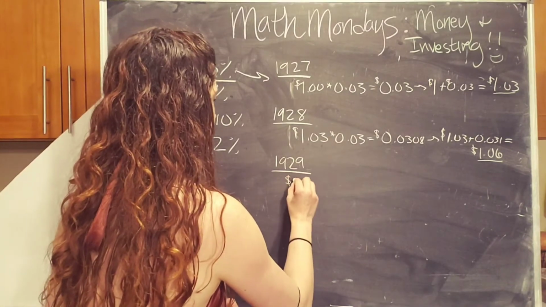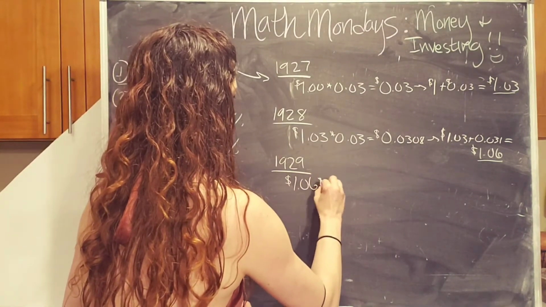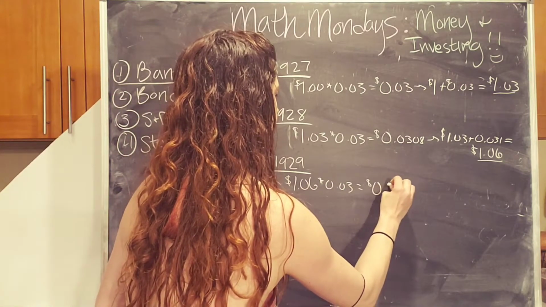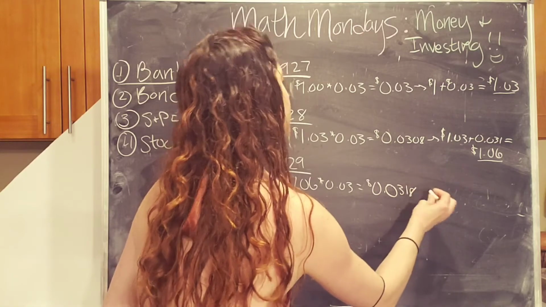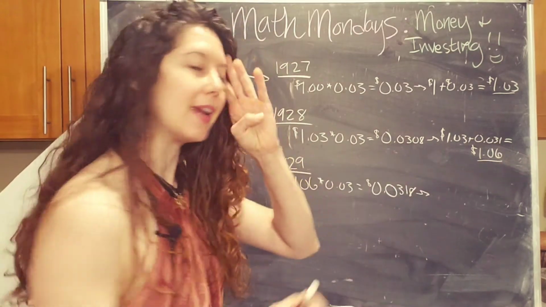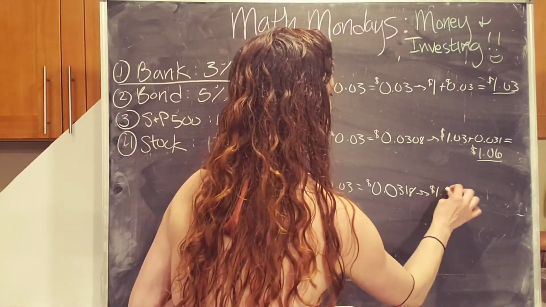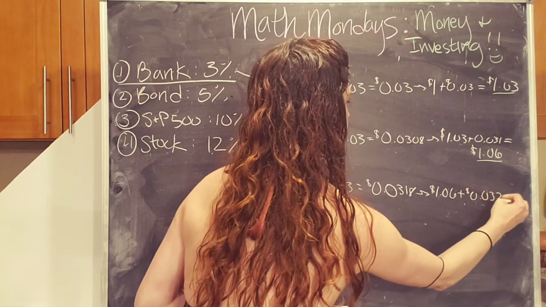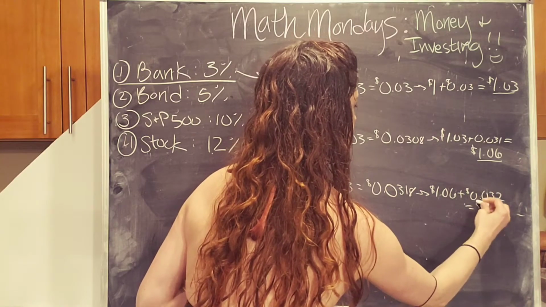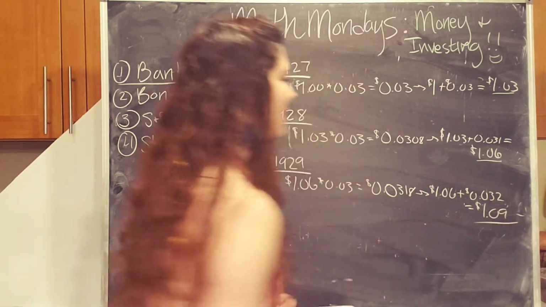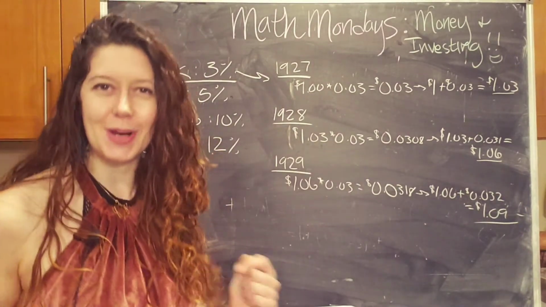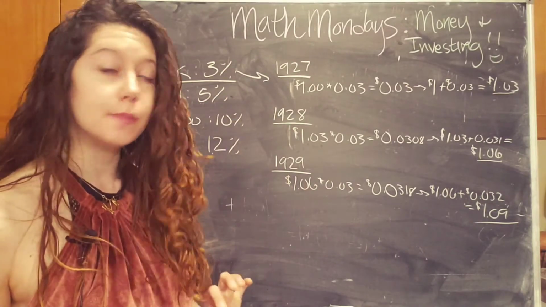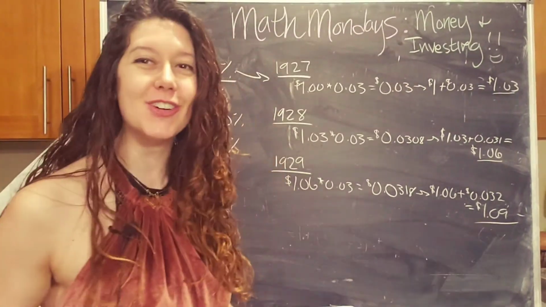The bank adds another 3%, which would be about 0.0318, and then we add that to our bank account to get, let's say, 1.06 plus 0.032 is going to give us about $1.09. All right, coming on up! So in 3 years, you started with $1 and you ended up earning almost a dime.